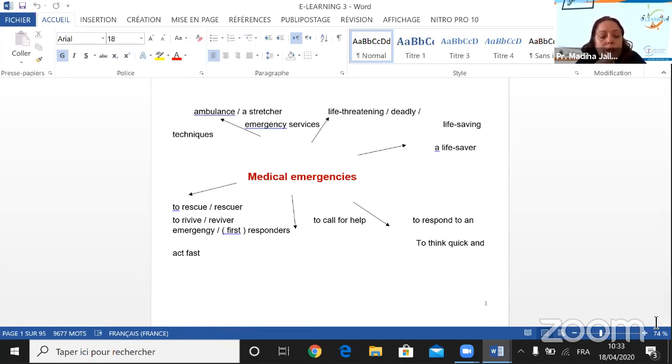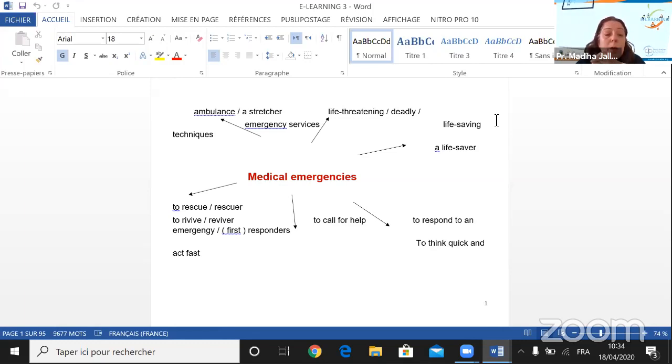What's a stretcher? The stretcher carries victims. It can be with wheels or without wheels. This is the stretcher that's used to carry the victims. Those who work in the ambulance use it to carry the victims.